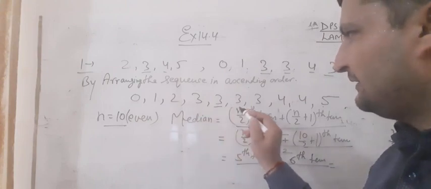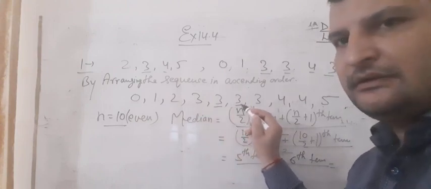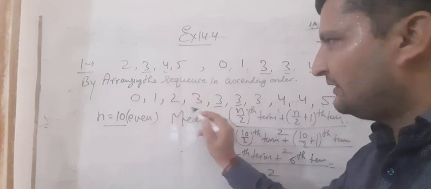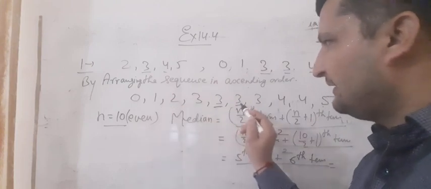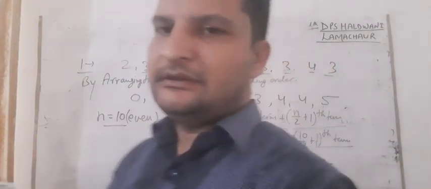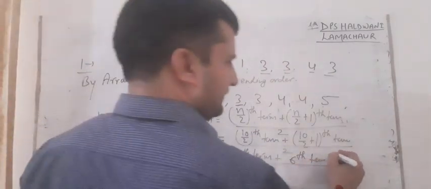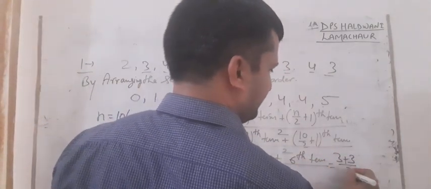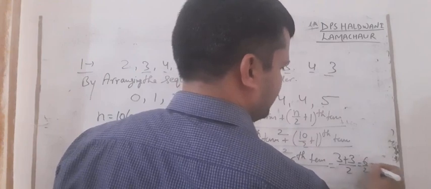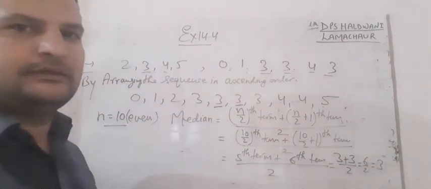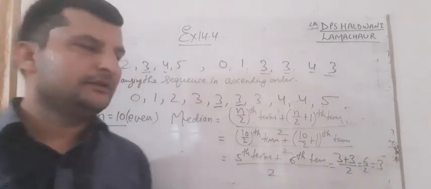The 5th term is 3 and the 6th term is 3. So we can write 3 plus 3 by 2, that is 6 by 2, that is 3. So the median is 3.